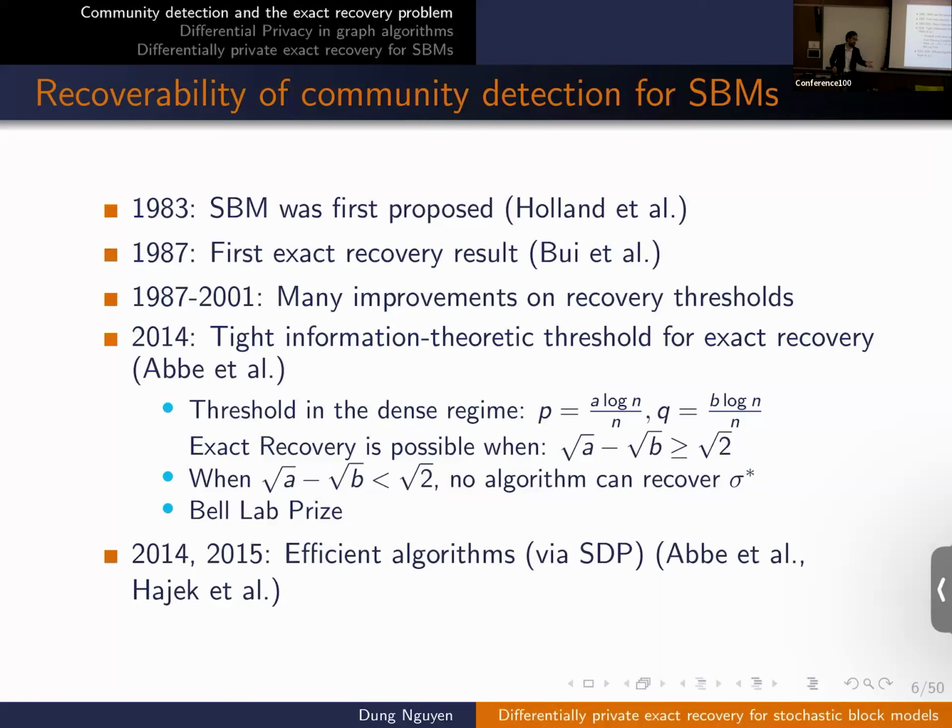When it happens, you will incorrectly assign that vertex to a community other than its true community, so we cannot exactly recover the ground truth.